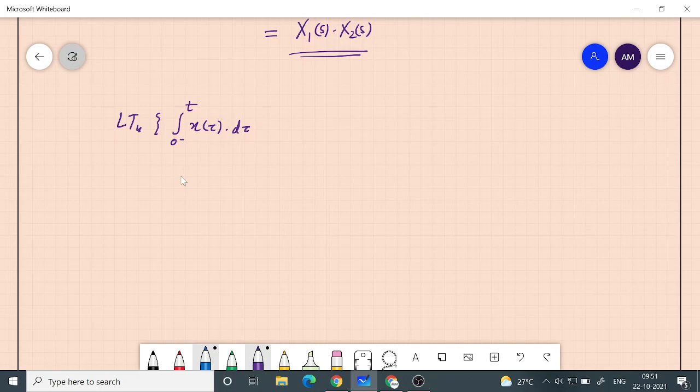Let's now come to this problem again. This is a problem that we did yesterday. Yesterday what we did was from minus infinity to t of x of tau d tau.